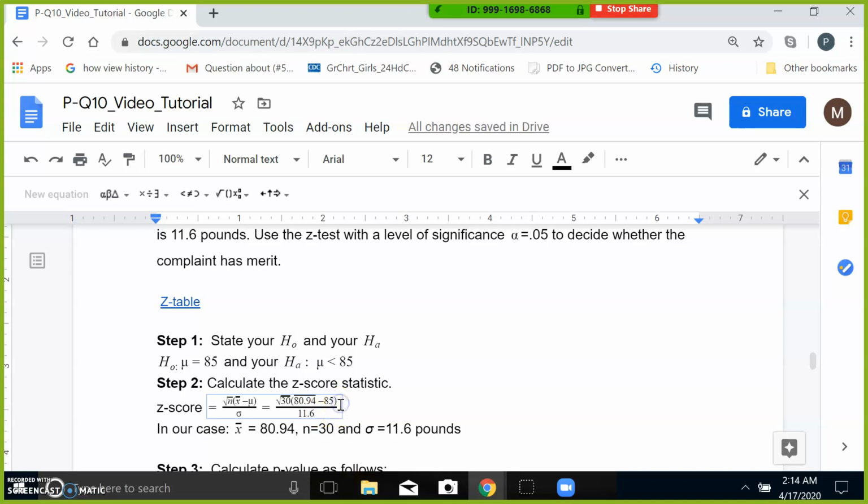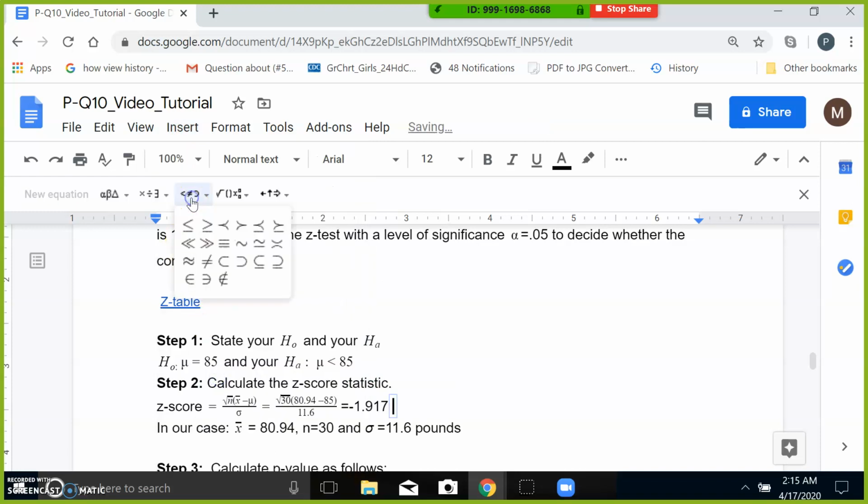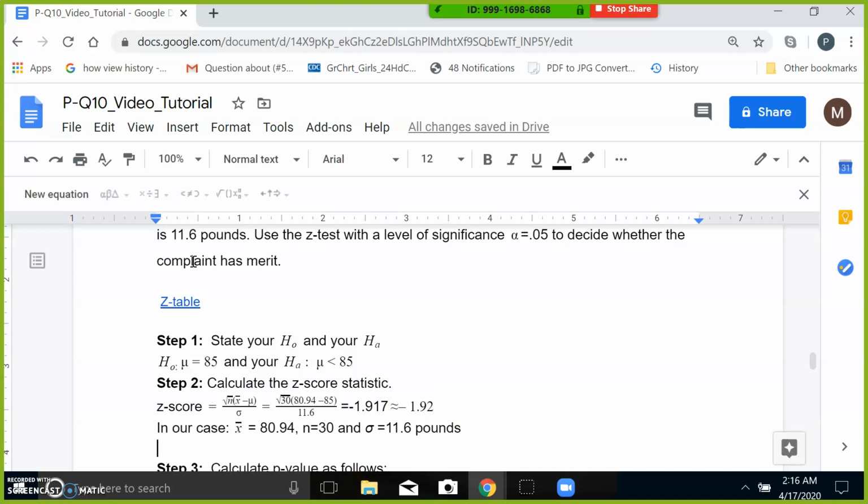Okay, so working this out, we get negative 1.917, and we're going to round that to 2 decimal places. So that is approximately equal to negative 1.92. Okay, so we're done with step 2 there.